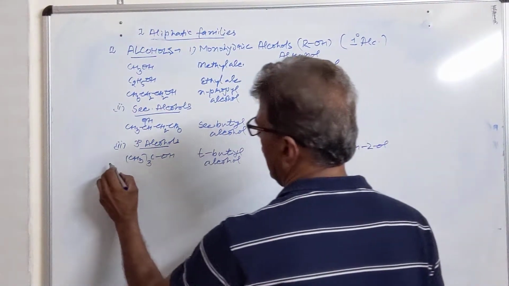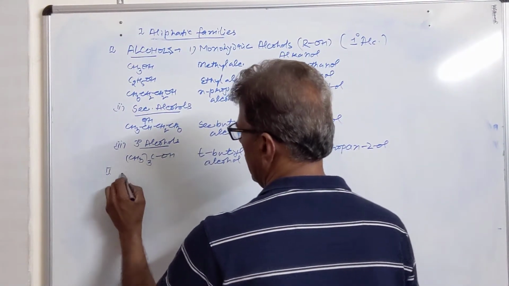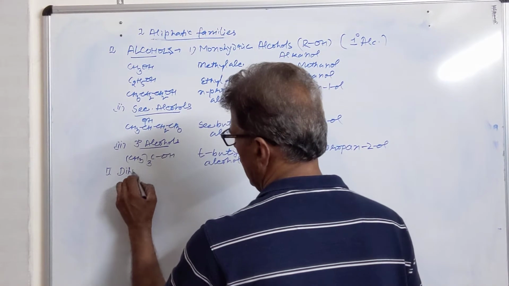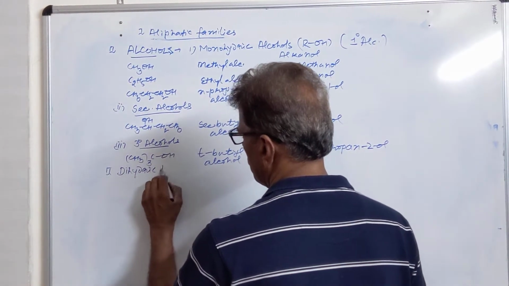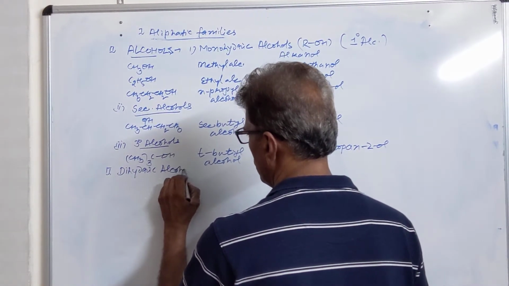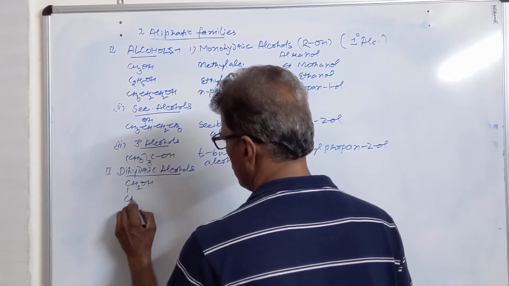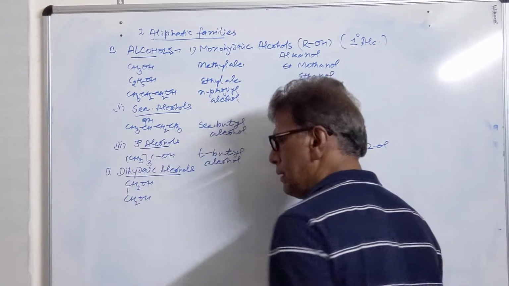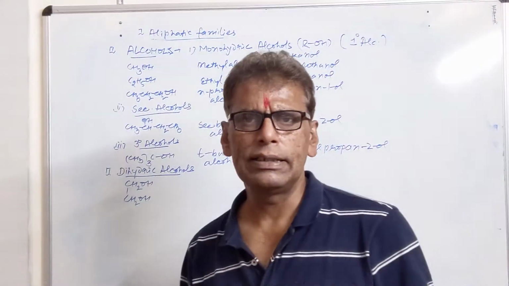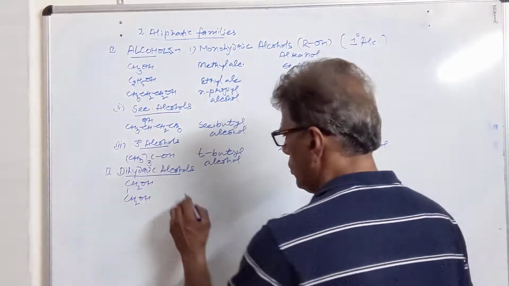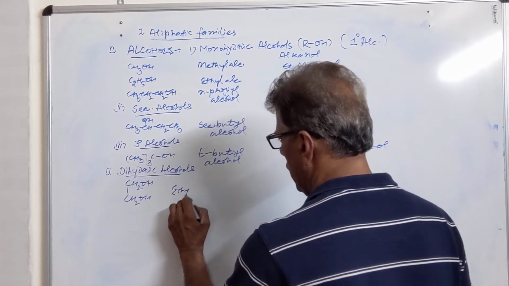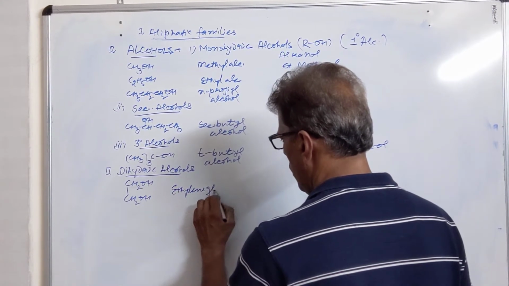Then we have the second class of alcohol, that is dihydric alcohols. We have two OH groups. This system is called glycol. So the common name of this is ethylene glycol.